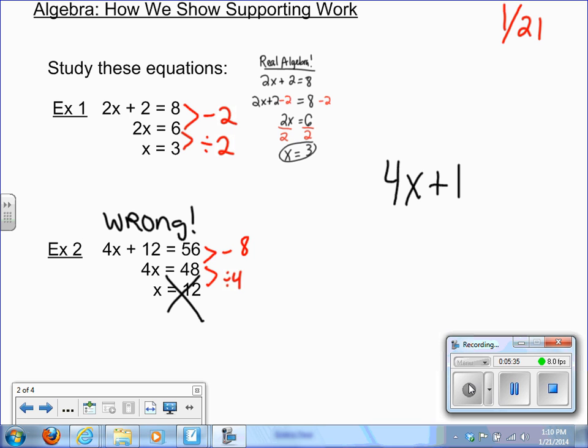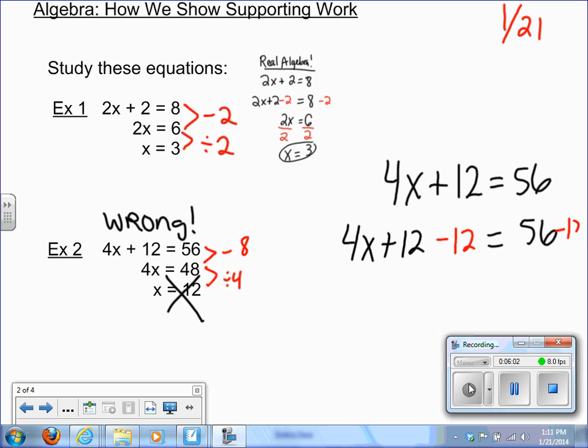4x plus 12 equals 56. Now, it's my original equation. Then I have to show what I'm going to do to both sides. What are we going to take away from both sides, kids? 12. I'm going to take away 12. So I'm going to recopy the original problem with the space. Change my color, and I'm going to make sure I take away 12 from both sides. Who can tell me what I'm going to be left with in my next line before the division?